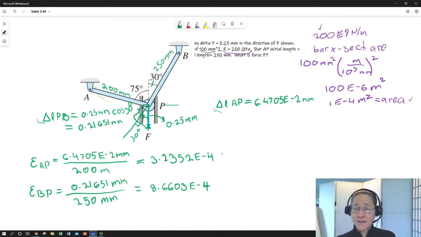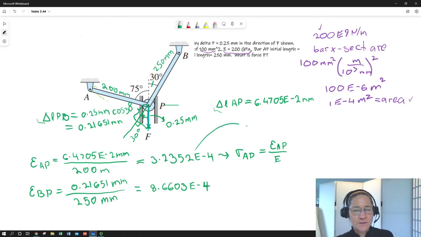Okay, now that we have strains, we can work through Hooke's law and get stresses. So we can get stress AP is going to be equal to strain AP times our modulus.